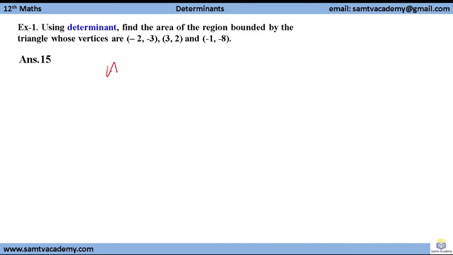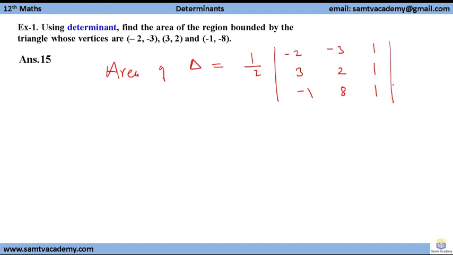Area of the triangle is equal to 1 by 2. So we will write -2, -3, 1, 3, 2, 1, -1, 8, 1. Now we will expand it.